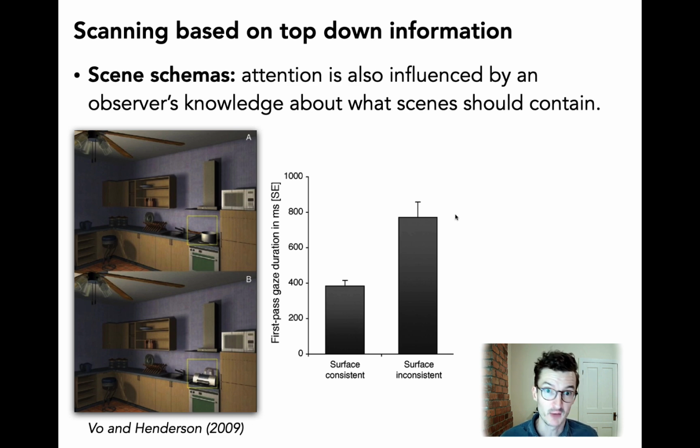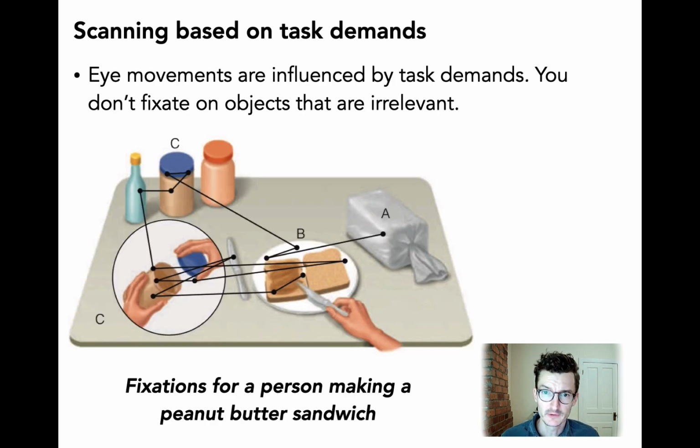This is an example of a top-down influence on changes in attention. You're attending to this item for longer because it doesn't fit with your prior knowledge about what this scene should contain. We can also look at how we move our attention around scenes when we're performing a particular task.